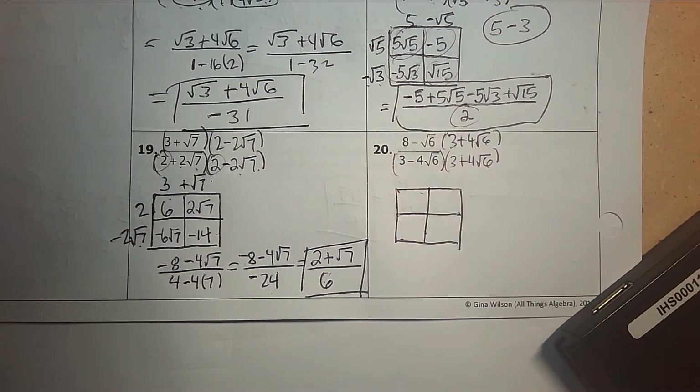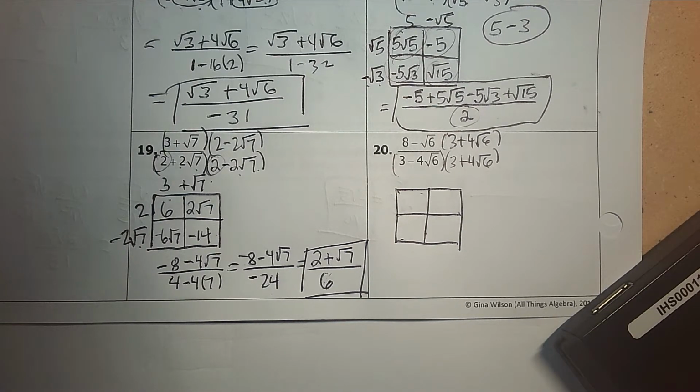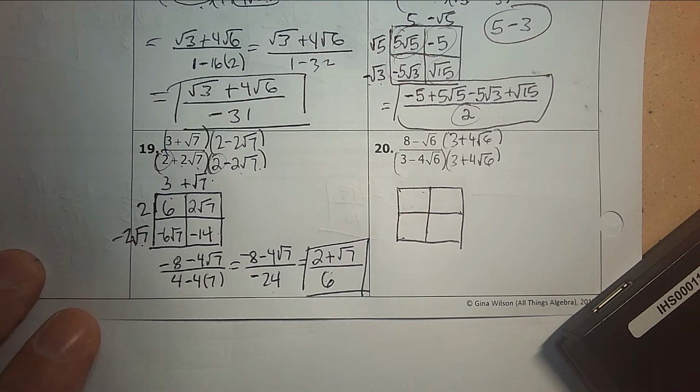The denominator should be simple, where we don't have to FOIL. Patience, Grasshopper. All right.